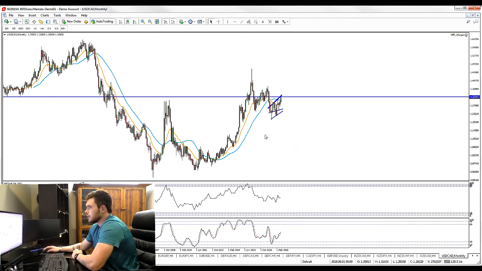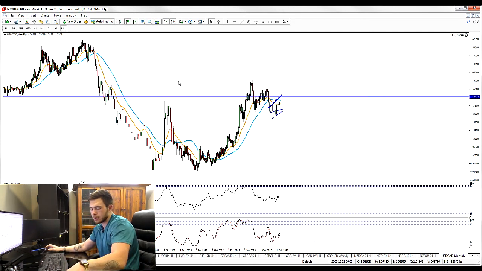In all honesty, there were quite a few specific points that I wanted to press on when looking at this trade, and it was very interesting, some of the information that I found. So firstly, we're going to start off by looking at the monthly time frame specifically. The monthly time frame is the time frame that we're in right now.